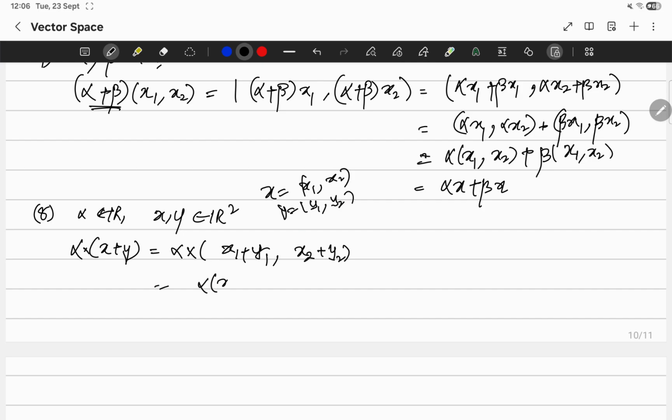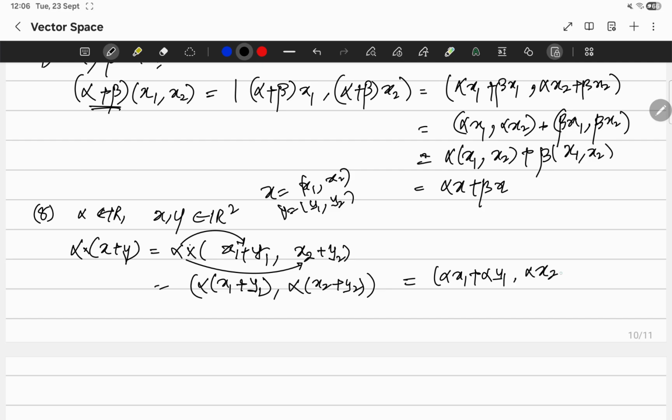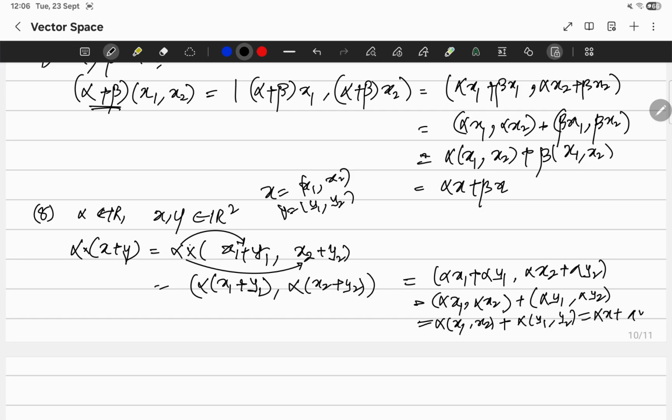It will be alpha times (x1 plus y1) multiplied with the first coordinate, and similarly with the second coordinate: alpha (x2 plus y2). It will be (alpha x1 plus alpha y1, alpha x2 plus alpha y2). So that is (alpha x1, alpha x2) plus (alpha y1, alpha y2). So that is alpha (x1, x2) plus alpha (y1, y2), that is alpha x plus alpha y.